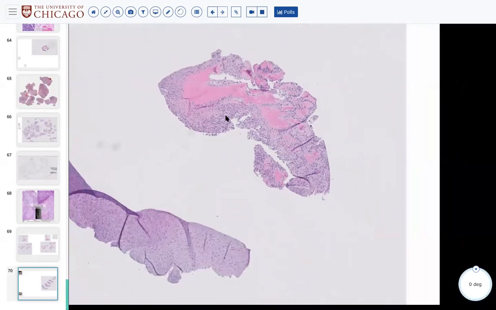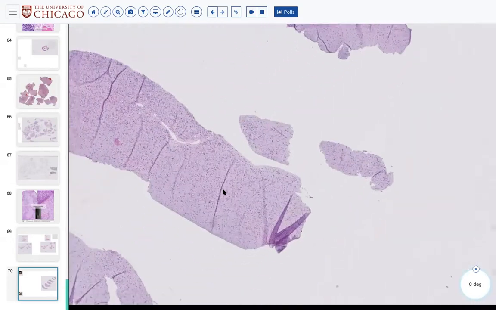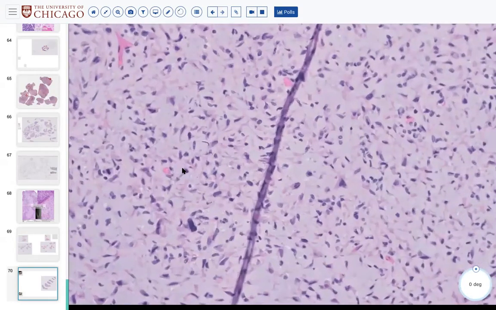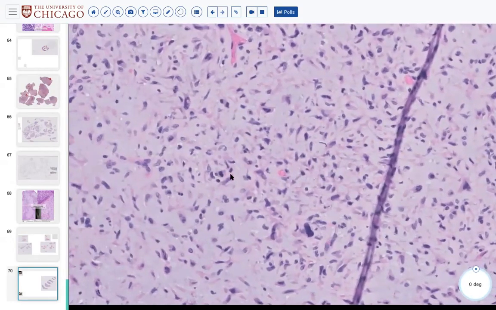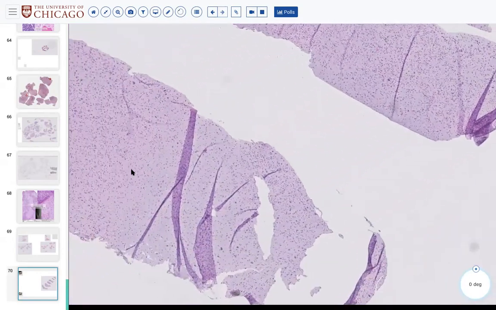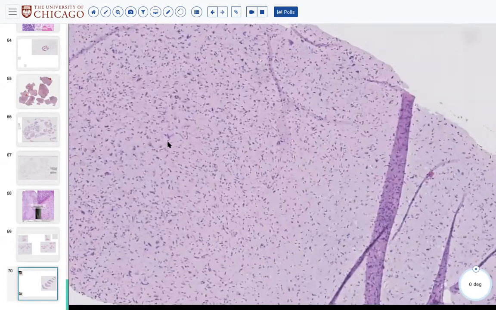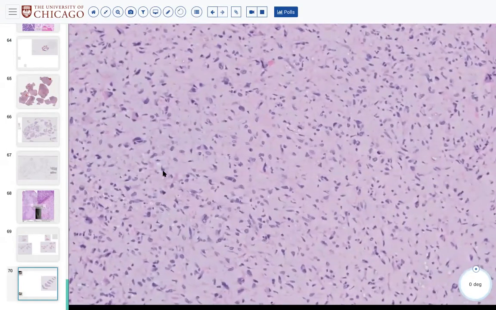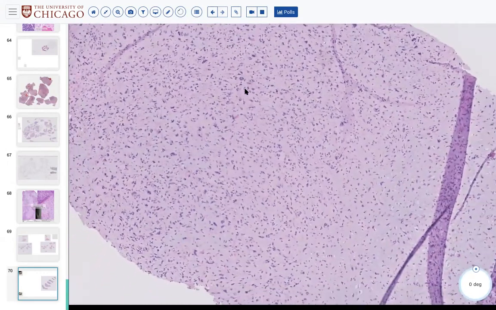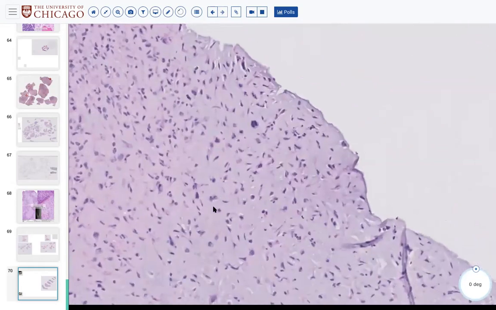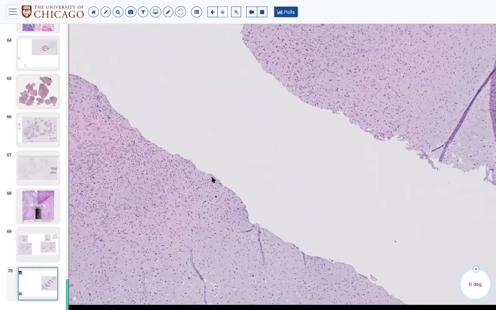I don't blame you. Maybe a mitosis, maybe not. I agree with you, they're not obvious, right? They're not obvious, but these nuclei are kind of strangely pleomorphic. It's something low grade. If it's sarcoma, like chondrosarcoma, it would be low grade.